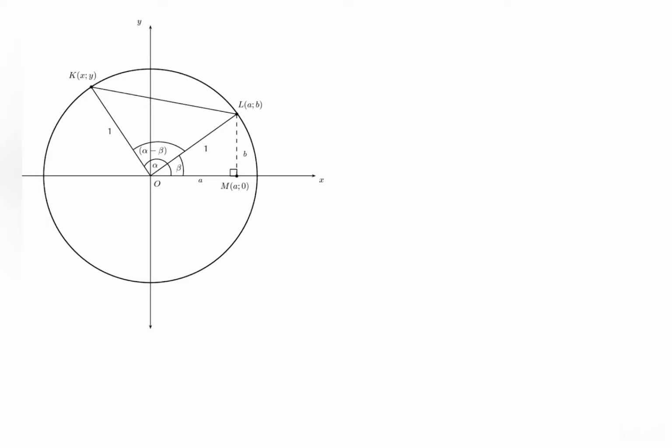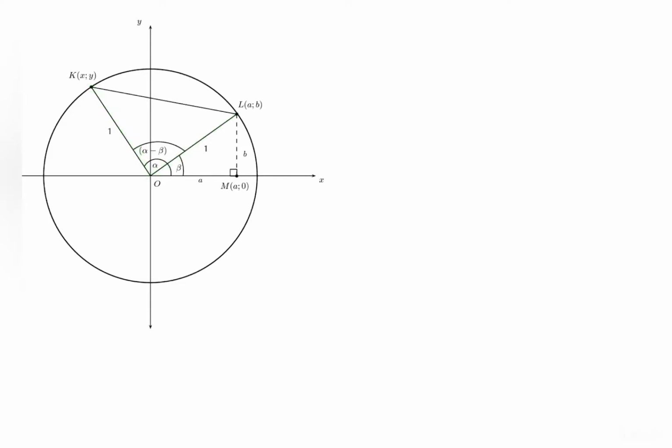Here we have the following information. We have a circle with a radius that is equal to 1. So the radius, as you can see from here to there, is 1. This is also proven by the distance from here to there, which is also 1. That is the radius of the circle.